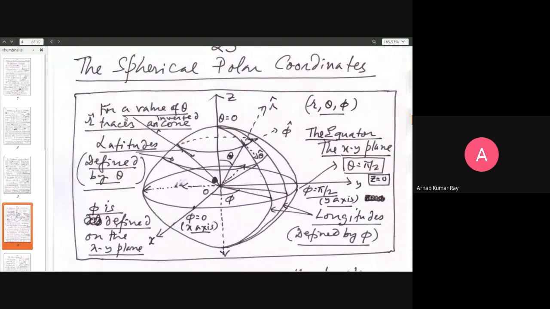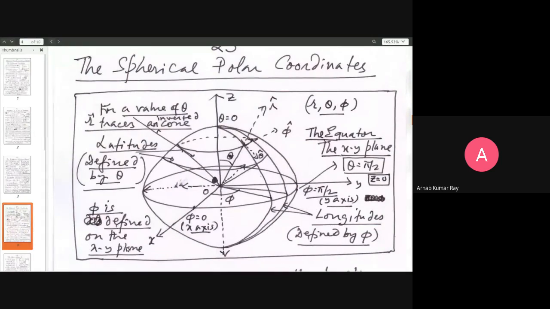That's what I have written over here. For a value of theta, vector r traces an inverted cone. So this is an inverted cone, as you can see, and you'll get many such inverted cones. I've also mentioned here: latitudes defined by theta. Similarly, longitudes defined by phi. This is the xy plane.